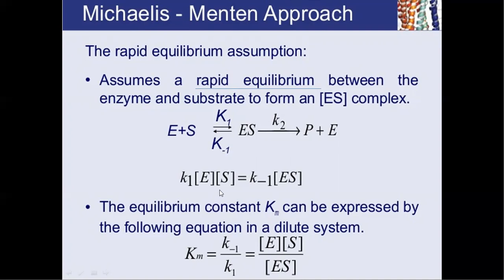In the first step, we are taking a rapid equilibrium reaction between E, S and the ES complex. So that means here the forward reaction K1 equals the backward reaction K minus 1. According to the law of mass action, K1 multiplied with the active mass of E into the active mass of S equals the backward reaction, K minus 1, which depends upon the active mass of the enzyme substrate complex.